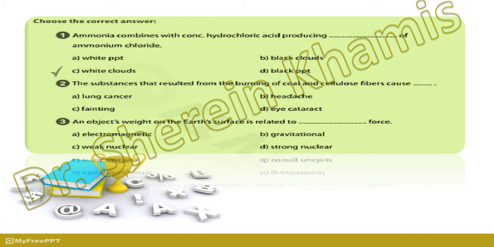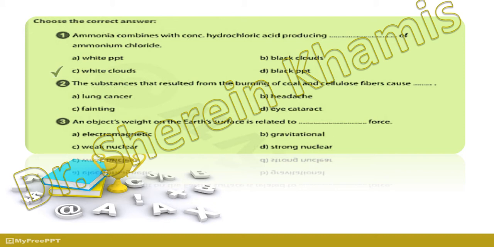Okay, question number 2 says that the substance that results from the burning of coal and cellulose fiber causes what? We said that coal and cellulose fiber are very harmful for us. What are the results of them? Okay, we said that they cause lung cancer, or headache, fainting, eye cataract.